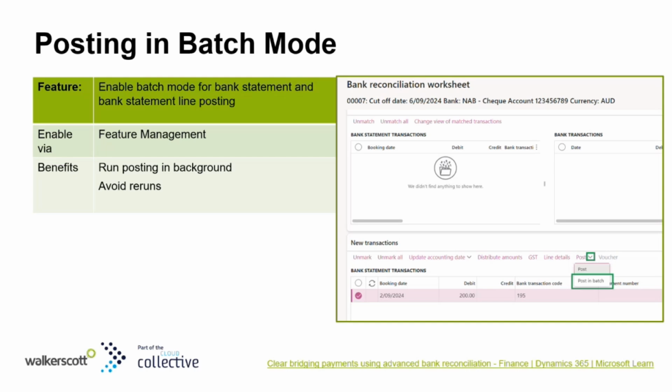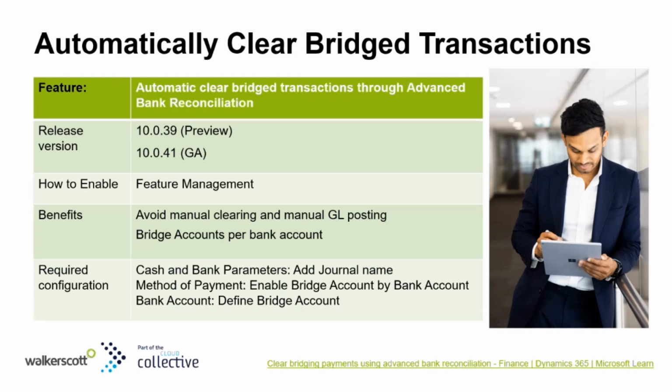The next one is automatically clear bridge transactions. This one is quite interesting for organizations that use bridge payments, and I'll briefly explain what a bridge payment is. Some organizations only post to the bank account once their transactions have cleared in their banking portal.